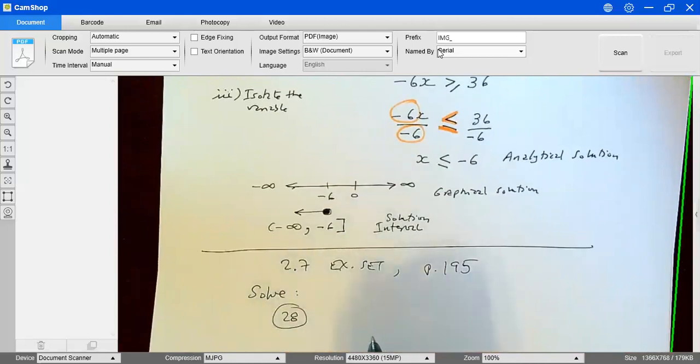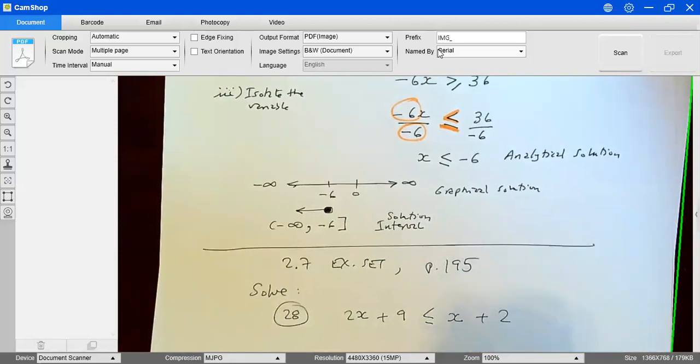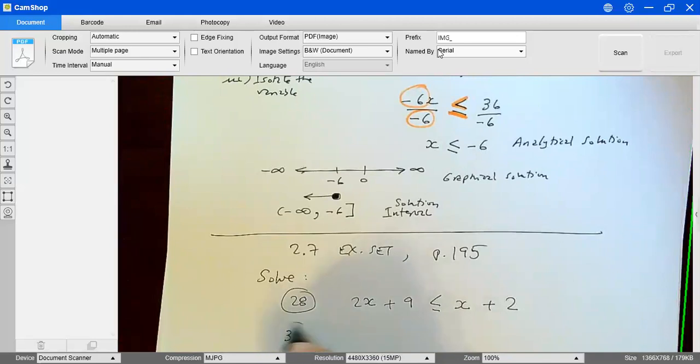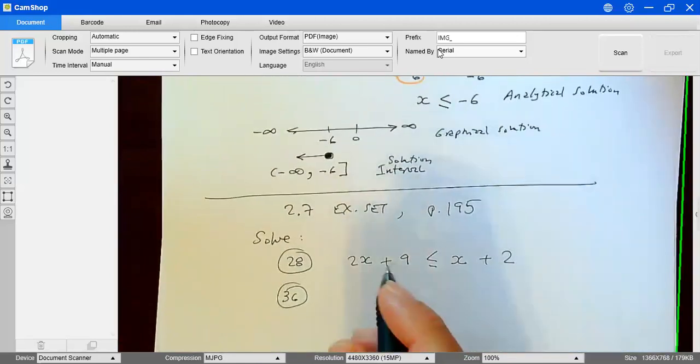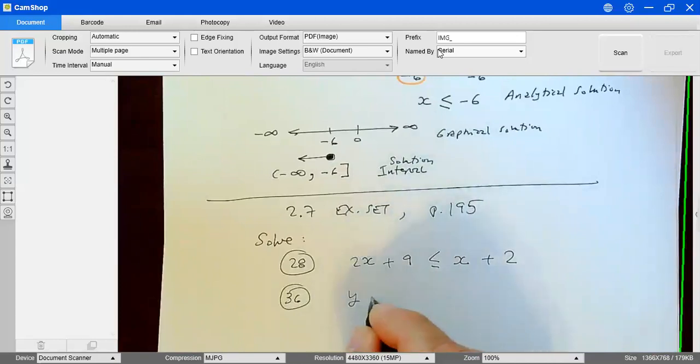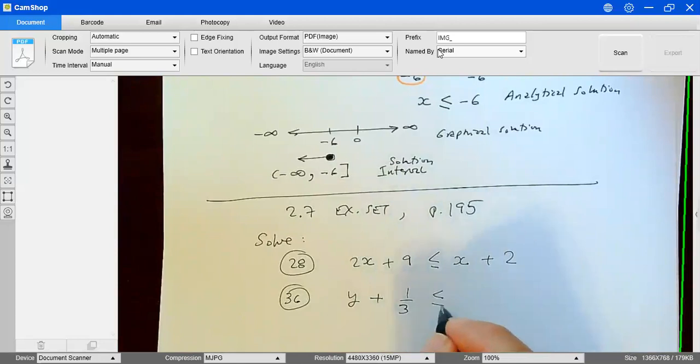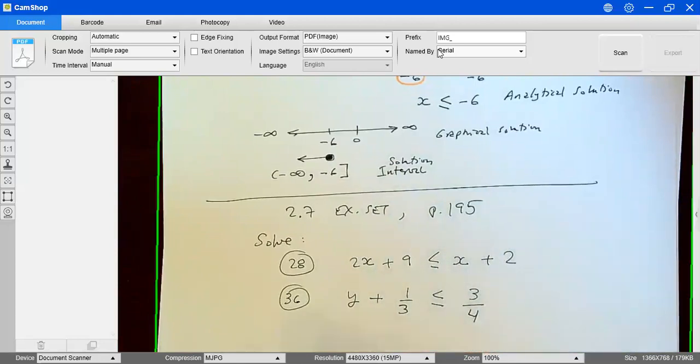Problem 28 is 2x plus 9 less than or equal to x plus 2. And problem 36 is y plus 1/3 less than or equal to 3/4.